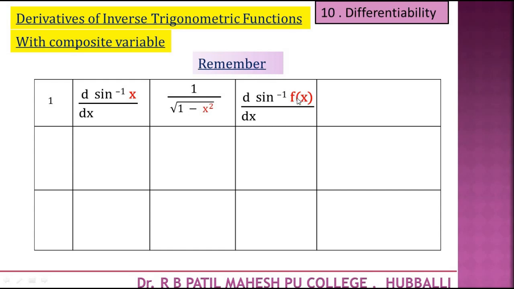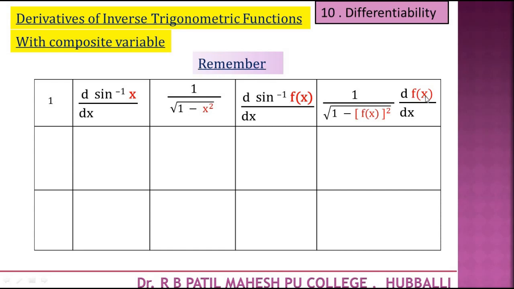It may be algebraic, it may be trigonometric, it may be any type of function, product form or division form. Then the derivative is: 1 divided by square root of 1 minus the square of the variable, that is f of x, into d by dx of f of x. Whatever the composite variable is, that derivative is taken.